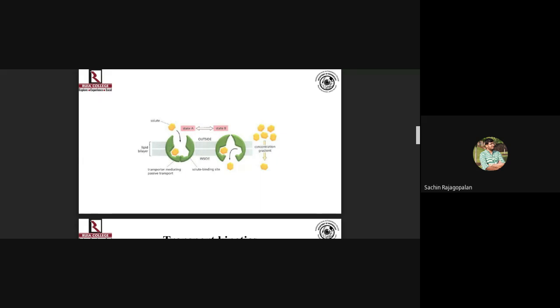Okay, the moment both solute molecules bind, you see that the transporter has undergone a structural change and now it has opened in the opposite direction, and the solutes are free to detach from the transporter and move into the cytoplasm. Now, once both the solute molecules detach, only then will this transporter go back to its original state.